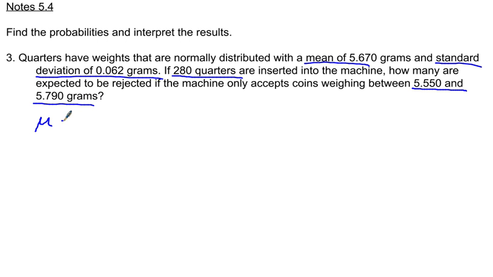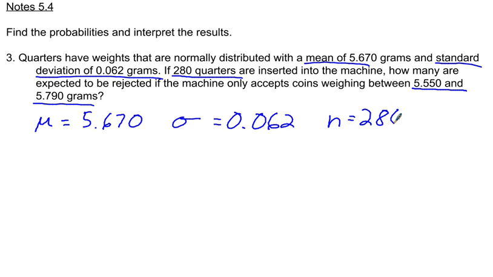So we have a mean of 5.670, a standard deviation of 0.062, and we have 280 quarters, and we want the probability that it falls between 5.550 and 5.790.